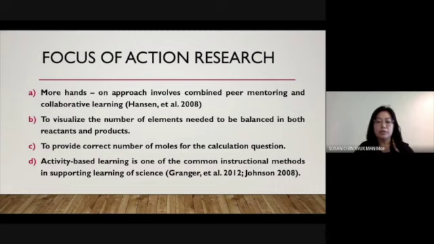Number three, to provide correct number of mole for the calculation questions, as we found out that if students are not able to balance even a simple chemical equation, it is going to disturb the following question in SPM. They are going to lose the marks just like that.